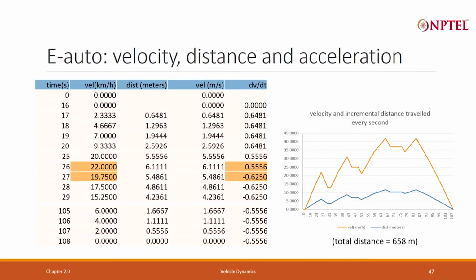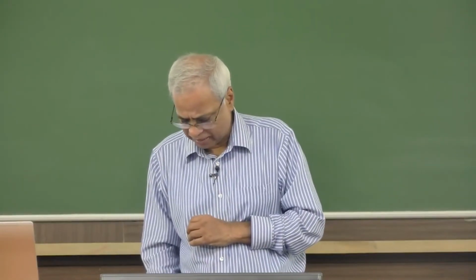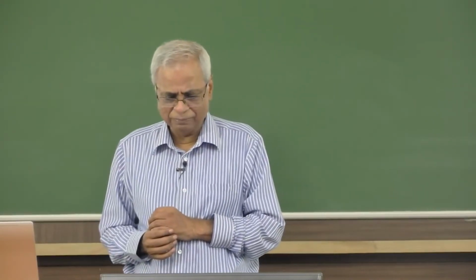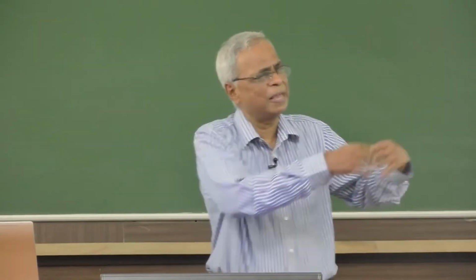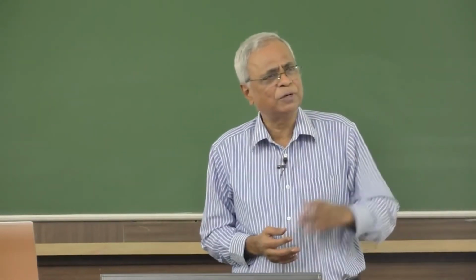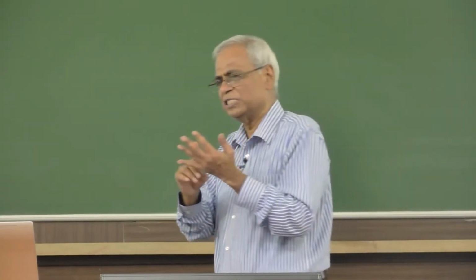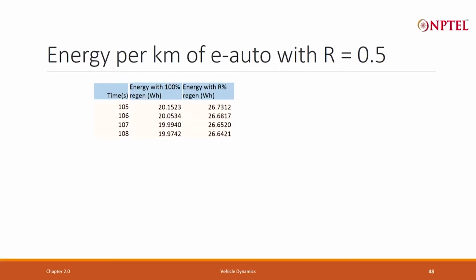Now, you keep repeating it 6 or 8 times. I had done that. That is how you actually do the performance measurement. This is for an auto. Now, let us look at what is the energy consumed, and this time I am not getting into the details. The same spreadsheet will give you, from the velocity and acceleration, you will be able to then figure out what is the force due to rolling resistance, force due to aerodynamic resistance, no slope I have not taken.